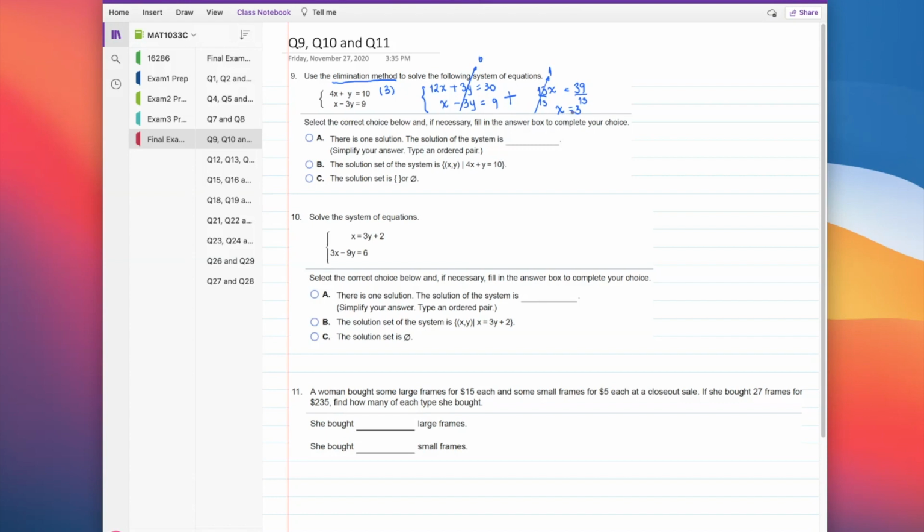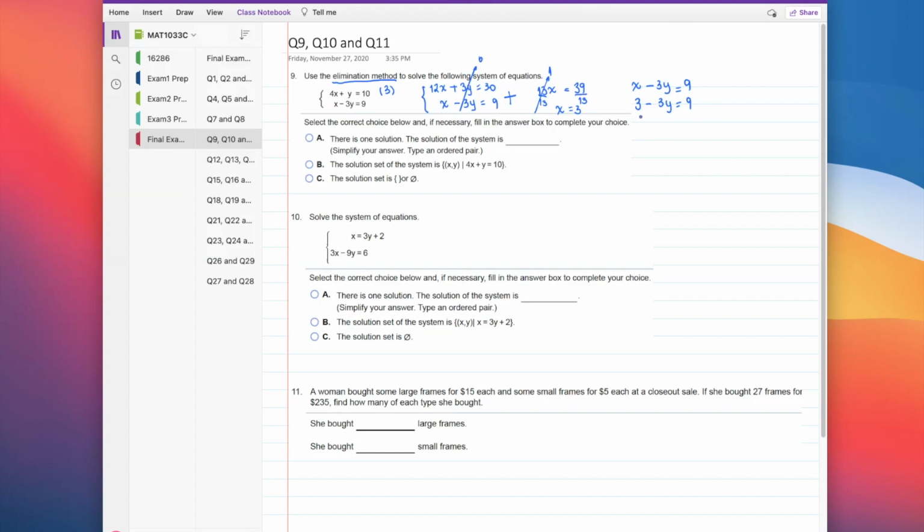Once I find the value for x, I go to the original system, choose one of the equations and replace x by 3. I'm going to use the second one, where I see x, I put a 3. And now I solve for y.